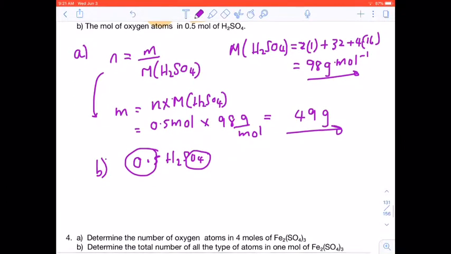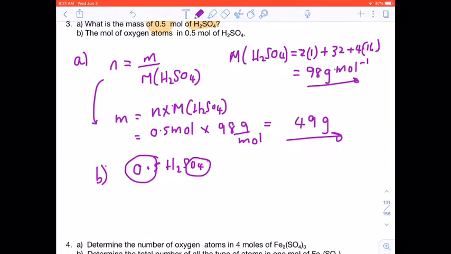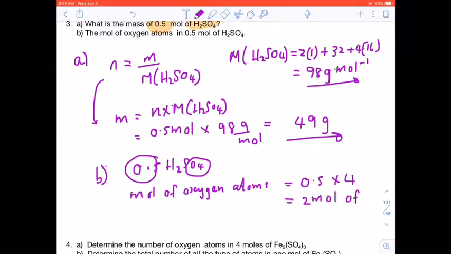Since you have 0.5, you then have moles of oxygen atoms equal to 0.5 times 4, which gives you 2 moles of oxygen atoms. Right.